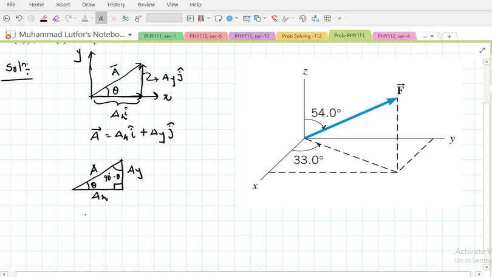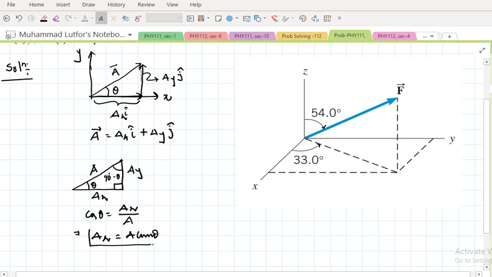Then we can use the trigonometric definition: cos theta would be Ax by A. It means that Ax would be A cos theta.